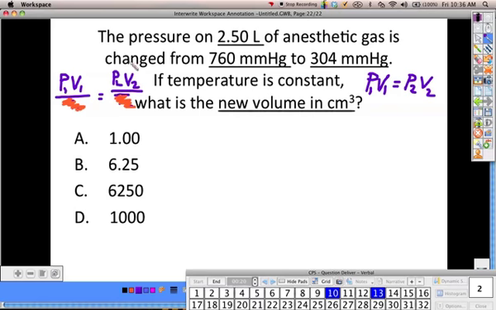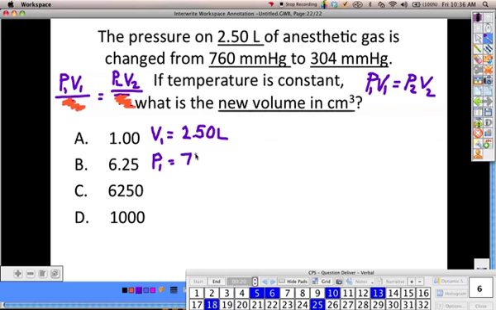Let's see what I have here. It tells me first a volume of 2.50 liters, so that's my V1. It is changed from 760 millimeters of mercury, so that must be my P1. It says it's changed to 304 millimeters of mercury, so that's my P2.